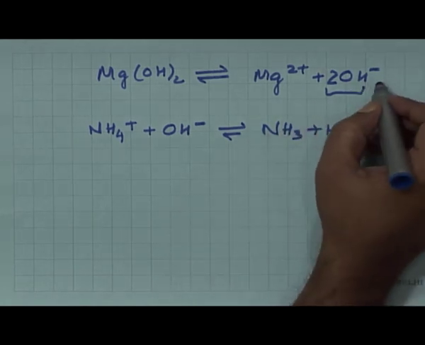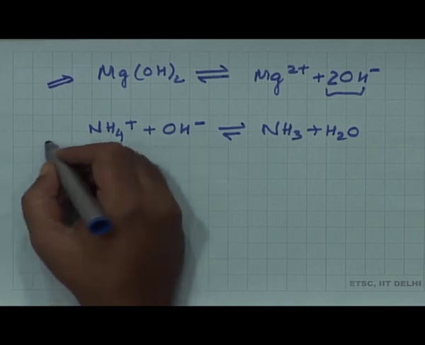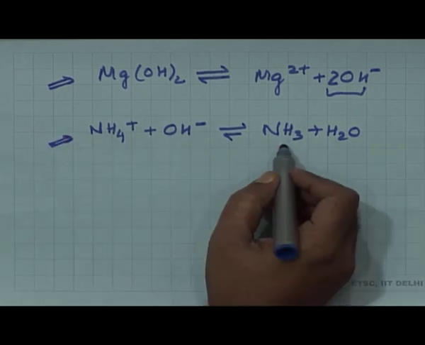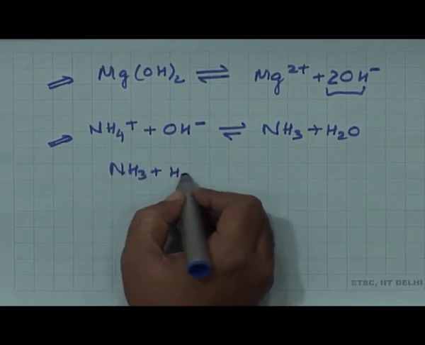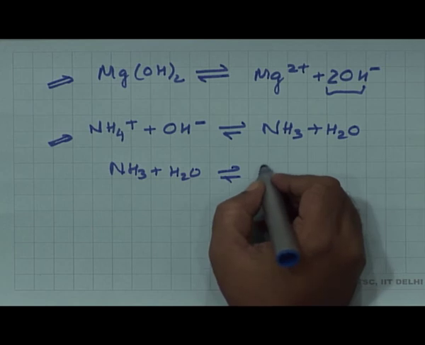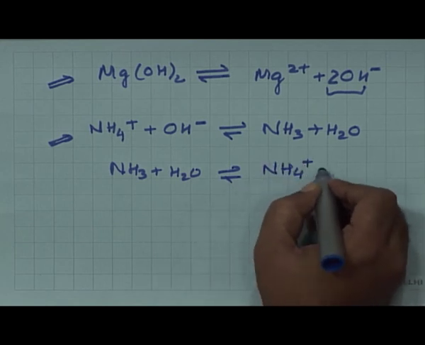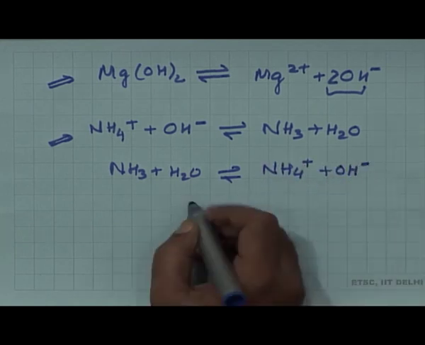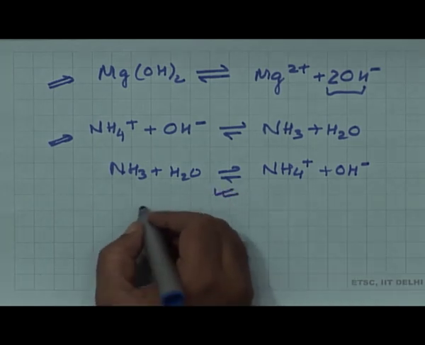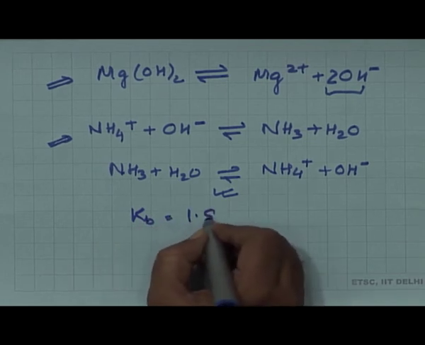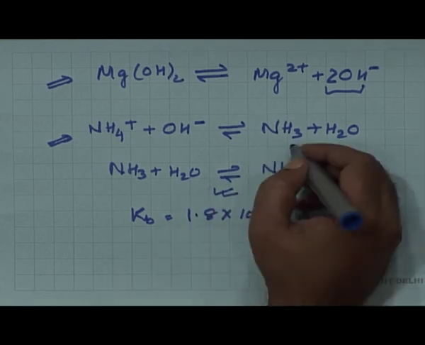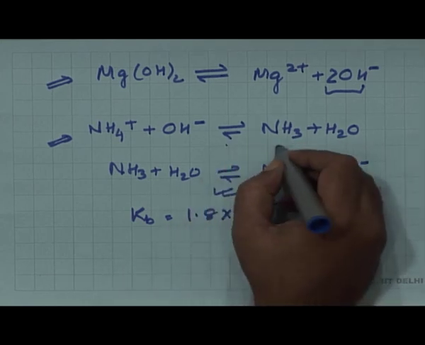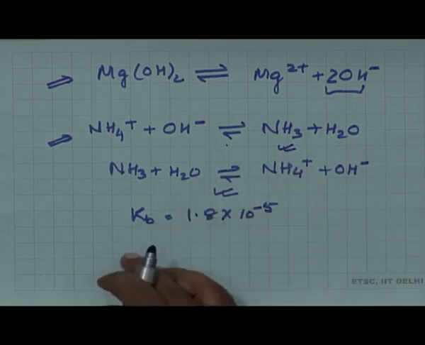So, this is your solubility equilibrium, and this reaction is the opposite of ammonia plus water giving you ammonium ion plus OH minus ion. Kb of that is given, 1.8 into 10 to the power minus 5, so K of this reaction is nothing but 1 by Kb.